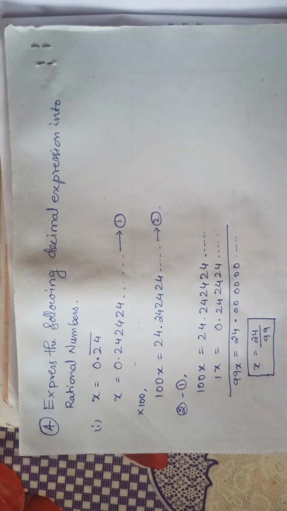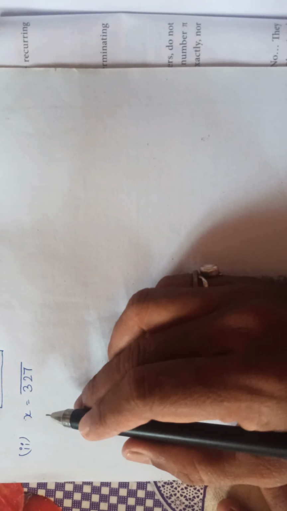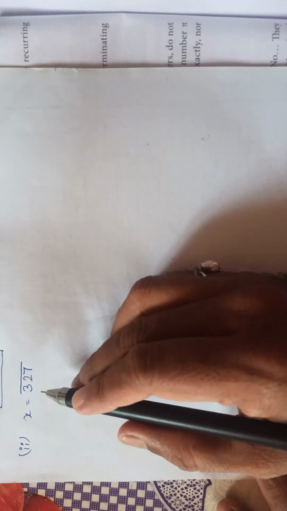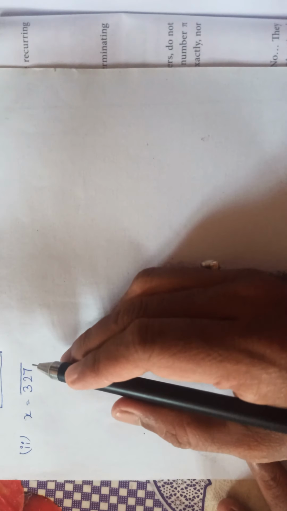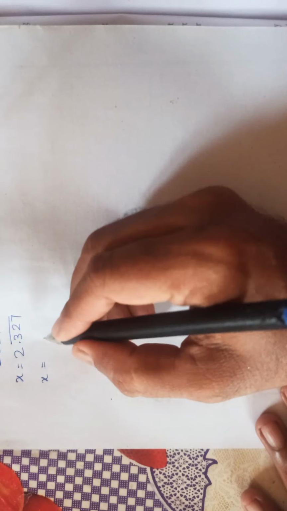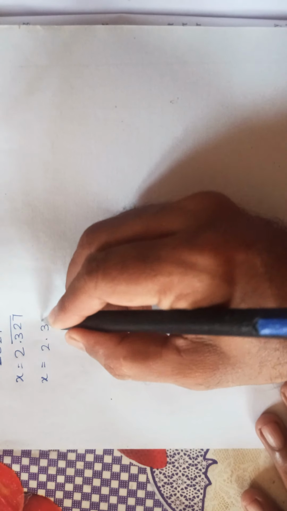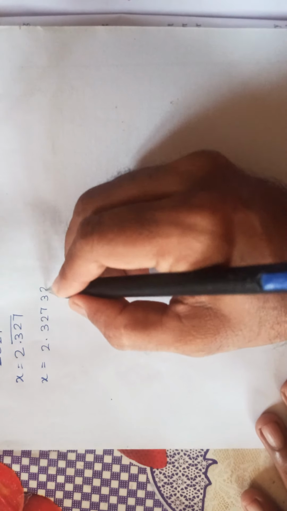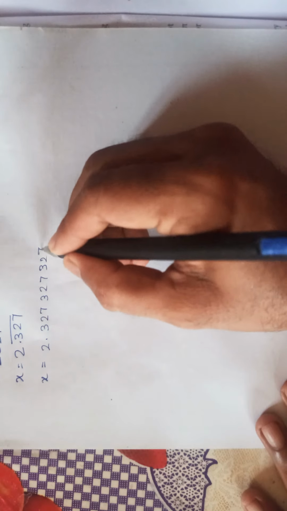Now our next question. This is the second subdivision, in which we are given x equal to 2.327 bar. So first we expand the x, that is 2.327, 327, 327 and so on.